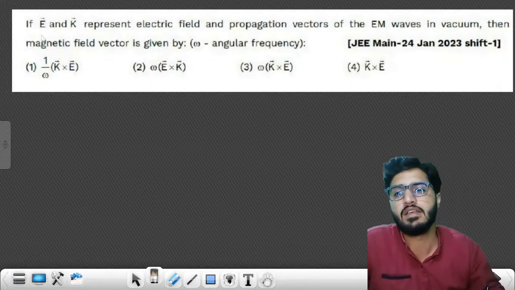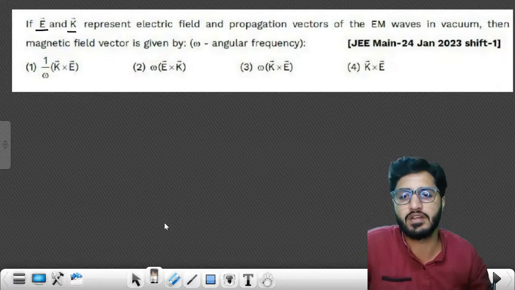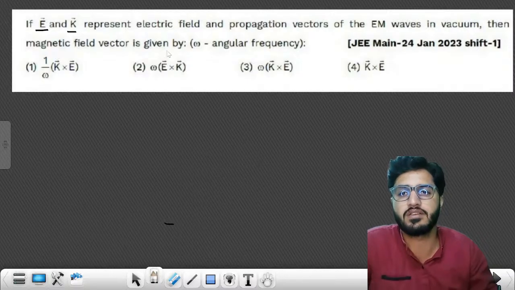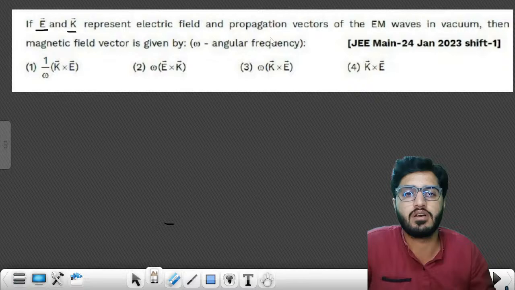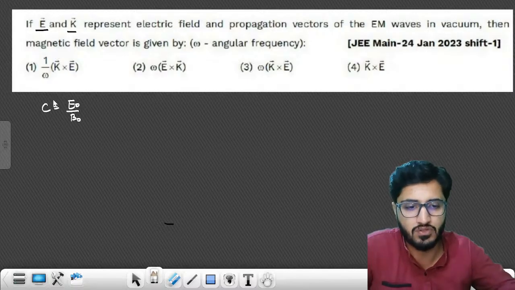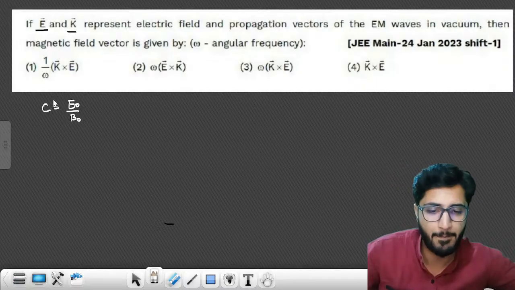Now if E and B represent the electric field and magnetic field in vacuum, then C equals E naught by B naught.